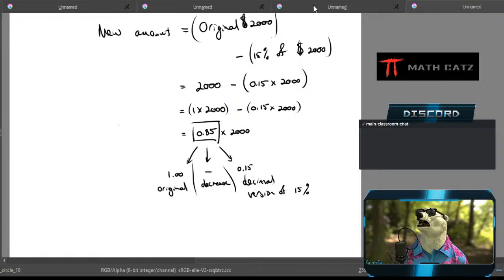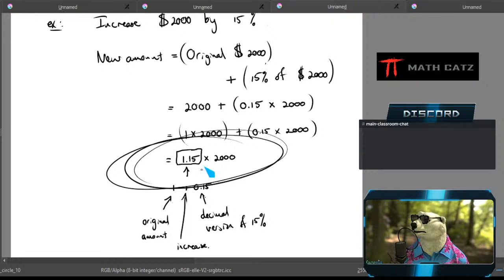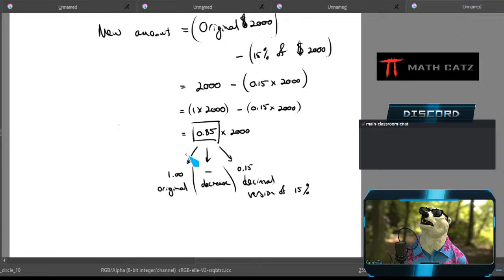So instead of increasing, going up from the base 1, decreasing is going to go down from the base 1 and adjusted in the same way, just with a different factor.